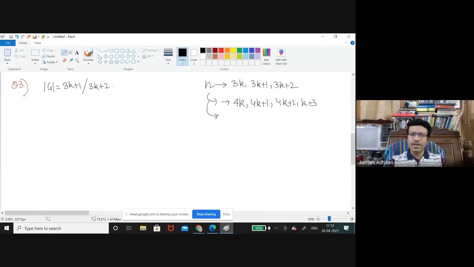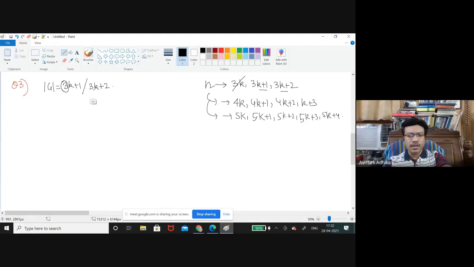Or in terms of 5: 5k, 5k plus 1, 5k plus 2, 5k plus 3, 5k plus 4, and so on. Here it's given not a multiple of 3, so 3 is my keyword. It cannot be of the form 3k, so the order of G is of the form 3k plus 1 or 3k plus 2.